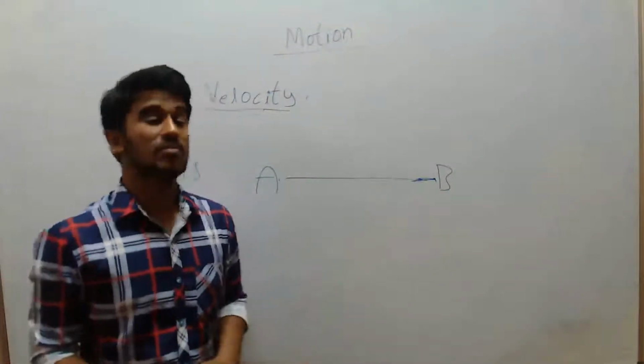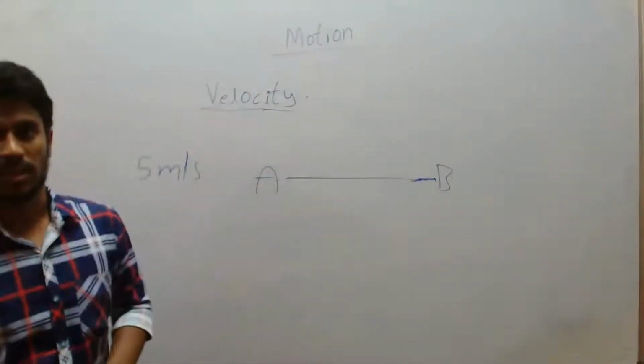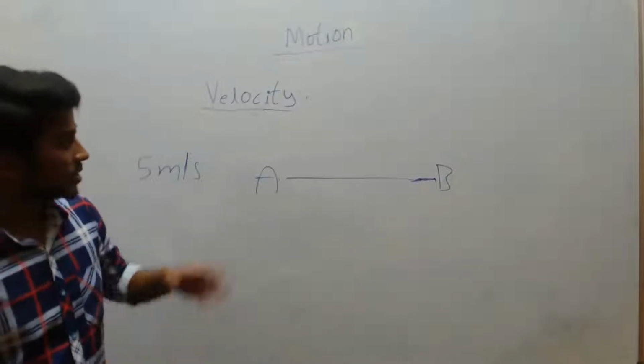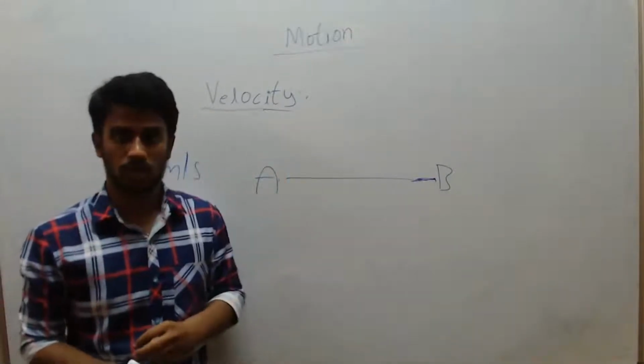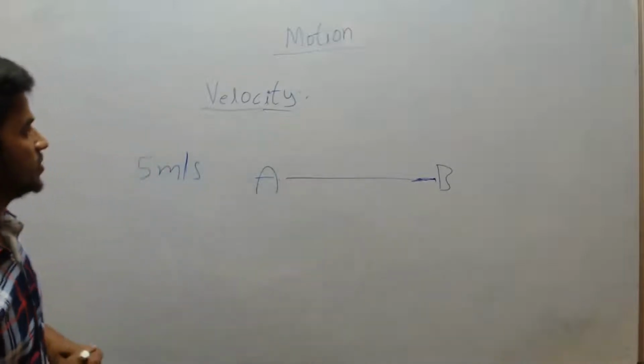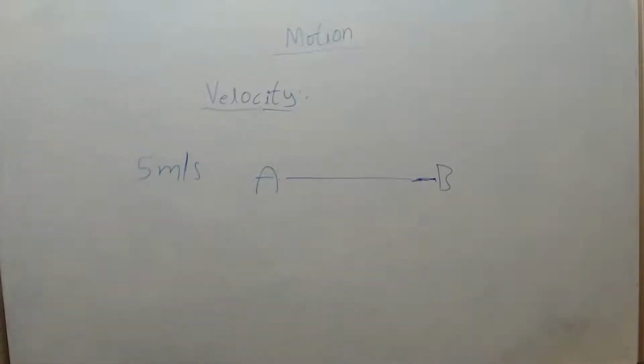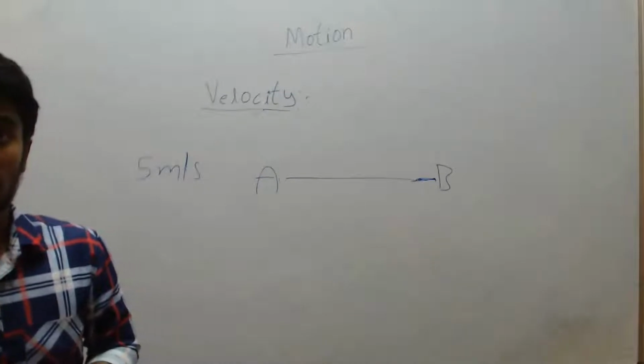Correct? So at that time we go with velocity, which gives clear information about that motion. Velocity is the displacement covered by an object in a given time.